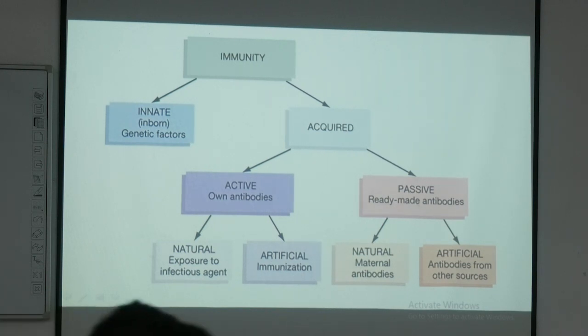So with the help of IgG, we can have natural maternal antibodies. And we can also separate the antibodies from another person, from the blood, and then inject this antibody into another person. So this kind of antibody is passive artificial antibodies.